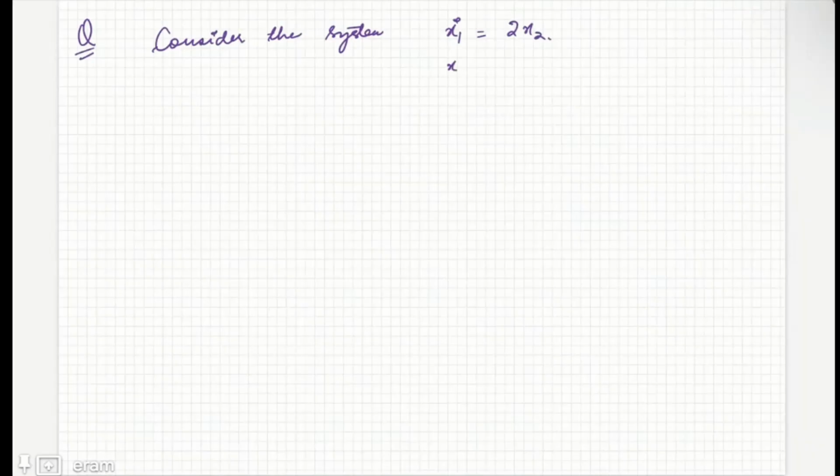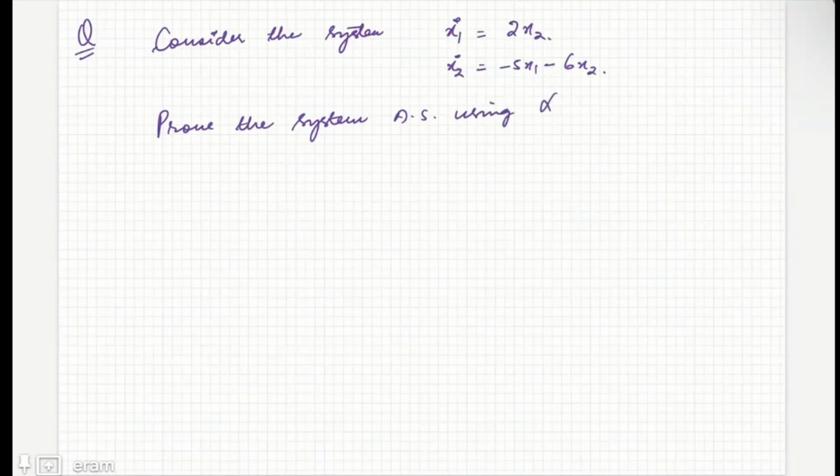So we have a linear second order system, x2 dot equals minus 5x1 minus 6x2, and we need to prove the system is asymptotically stable using Lyapunov theorem.